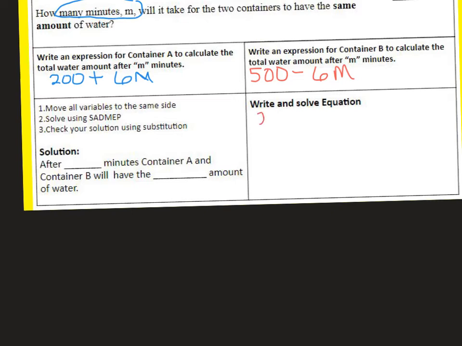Let's go ahead and set our equations equal to each other. Remember, we're going to move all our variables to one side, and Miss King likes to always move the smaller one.